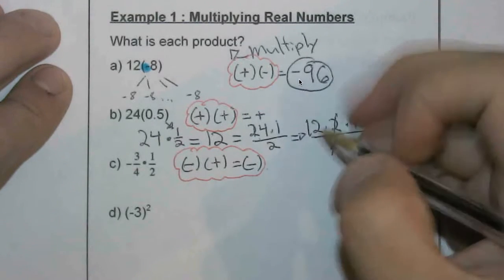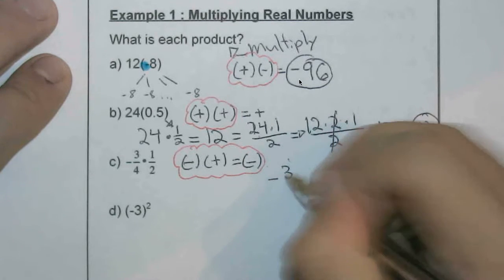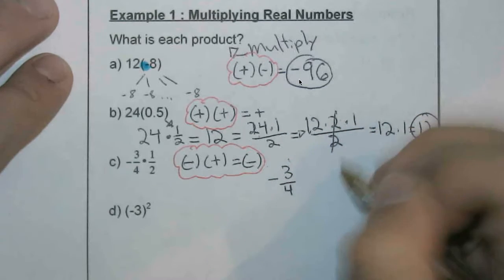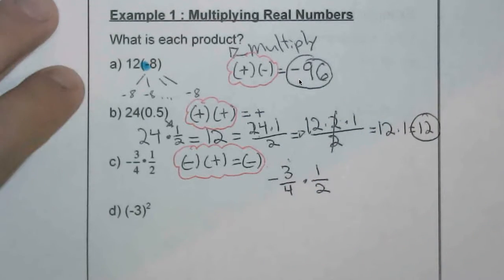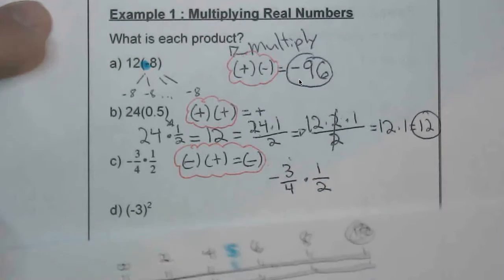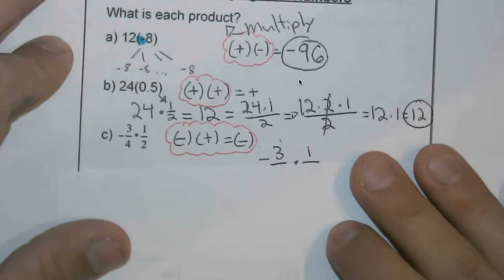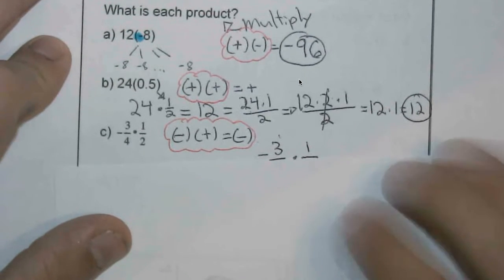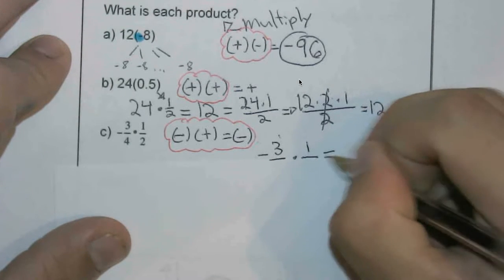So since we're multiplying with fractions, what's nice about this is that we really just multiply straight across, in the sense that we can just focus on the top two terms, just focus on multiplying across there. So if we take the product of negative 3 and 1, this is definitely going to give us negative 3.